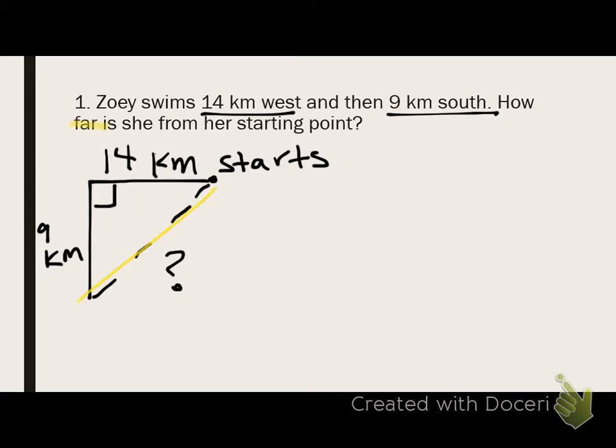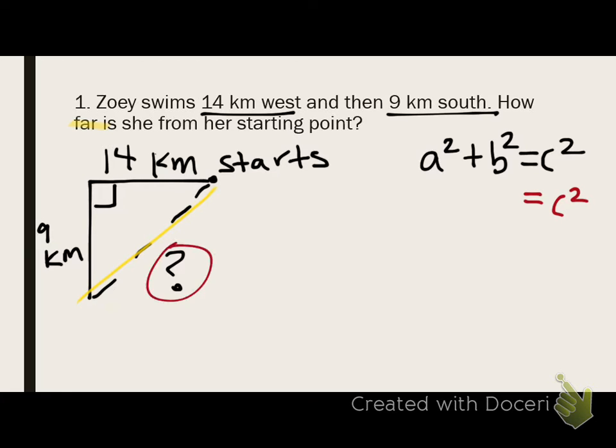So we're finding another length. Are we going to use a trig ratio or the Pythagorean theorem? Pythagorean theorem. So a squared plus b squared equals c squared. We don't know the hypotenuse, but we do know 9 squared and 14 squared.